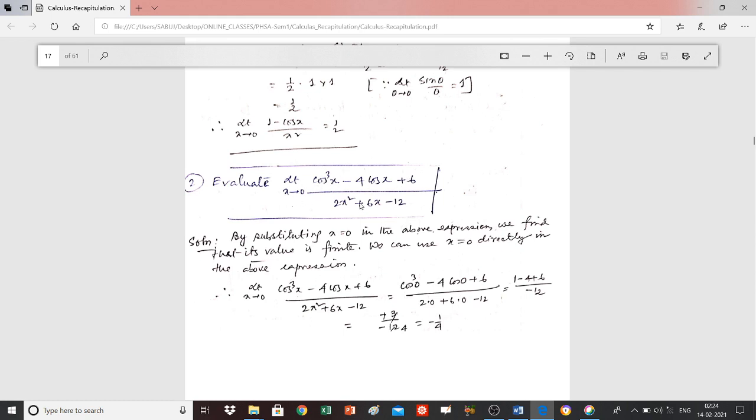If it is finite, then you can directly use the value of x. If it is not finite, it becomes indeterminate, then you have to use L'Hospital's rule or other methods. I am not dealing with L'Hospital's rule, you can find some examples using it. In this case, if you put the value of x, the value is finite, so directly use the value of x. That will give you minus 1/4.